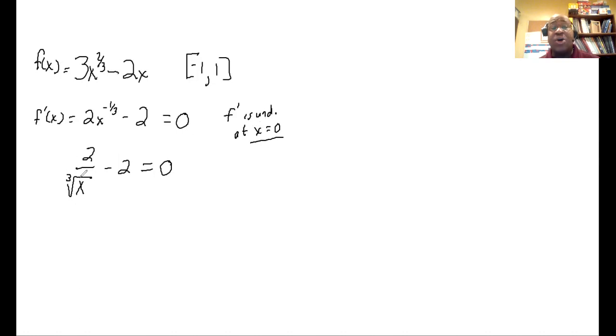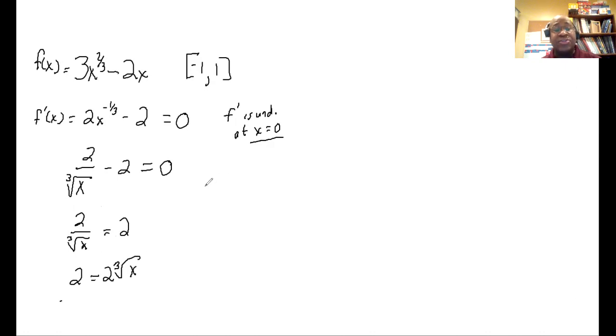Now, we still need to solve the equation. All right, so let's go about the process of solving this. So now we can add 2 to both sides of the equation. And we'll multiply both sides by the cube root of x because you want to be able to clear out all the fractions. So if we do that, we'll have 2 equals 2 times the cube root of x.